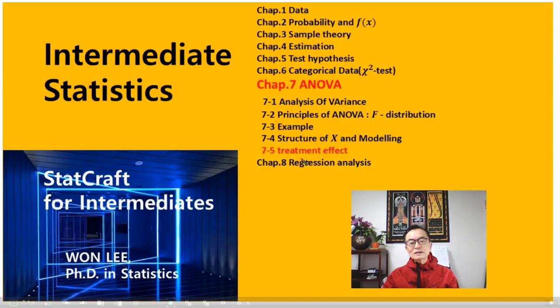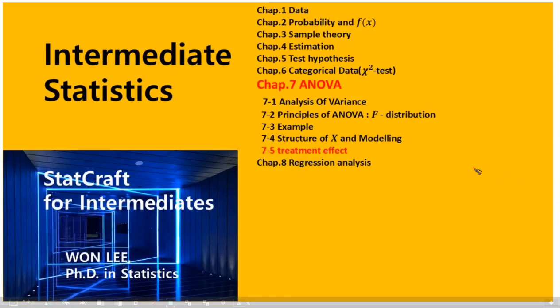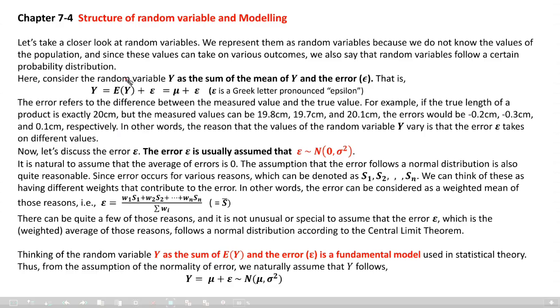Before introducing treatment effect, I'd like to review a little about the structure of a random variable X. Let's see again the structure of a random variable and modeling. We have a random variable, which is mean mu plus epsilon.